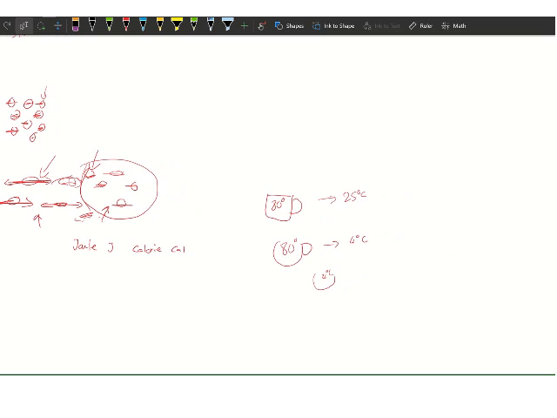So if we have a body such as this, consisting of two different bodies, and presumably TA is larger than TB.